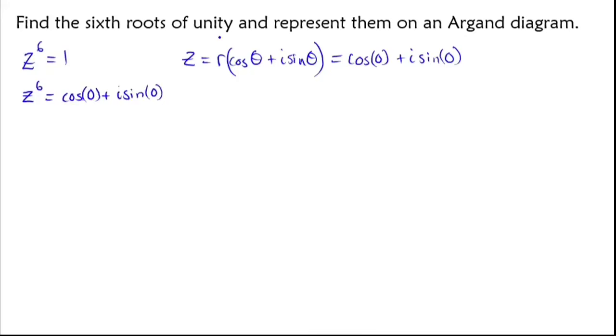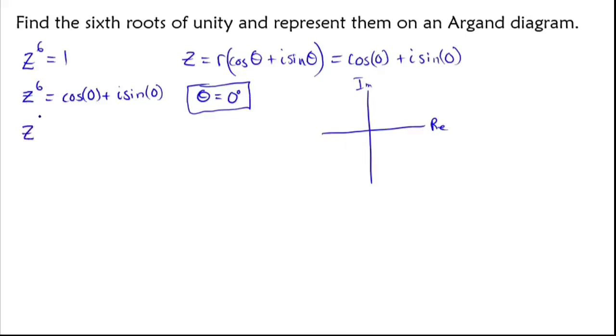So in this case, clearly theta is 0 degrees. And the reason we've chosen theta to be 0 degrees is that when you look at the Argand diagram, this is the imaginary axis, this is the real axis. Because we just have 1, which is just real, that's why the angle there is 0. So I can write this as z power 6 is equal to cos theta plus I sine theta, where I know that my theta is 0 degrees.